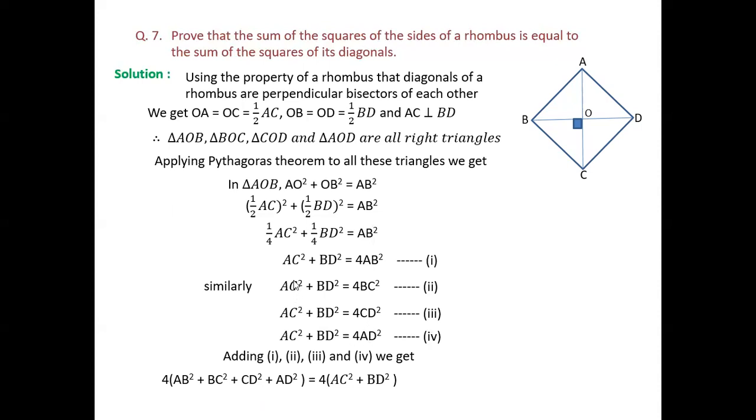And on the left, 4 AC square plus 4 BD square. So 4 taken out common, 4 cancels, and you get AB square plus BC square plus CD square plus AD square is equal to AC square plus BD square. The sum of the squares of the sides of a rhombus is equal to the sum of the squares of its diagonals.